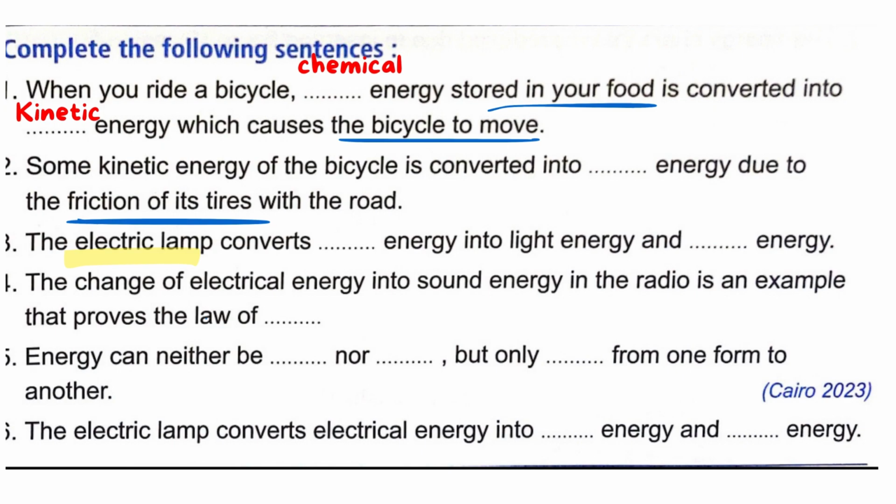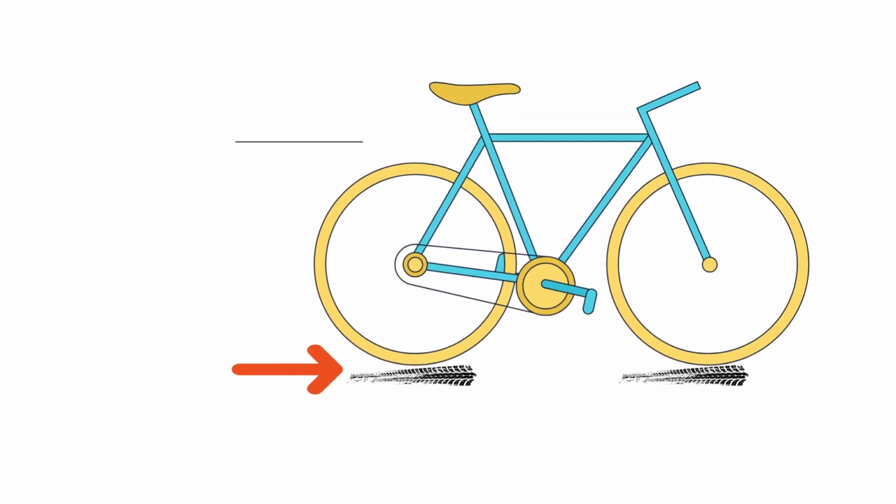Okay, here we have another question. Some kinetic energy of the bicycle is converted into energy due to the friction of its tires with the road, and we know that friction causes heat.